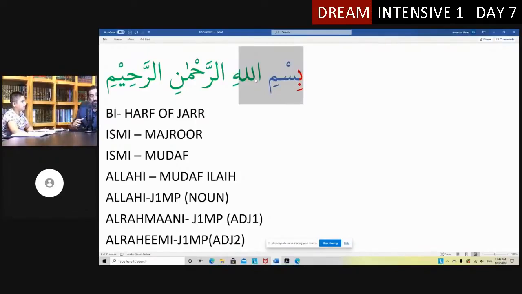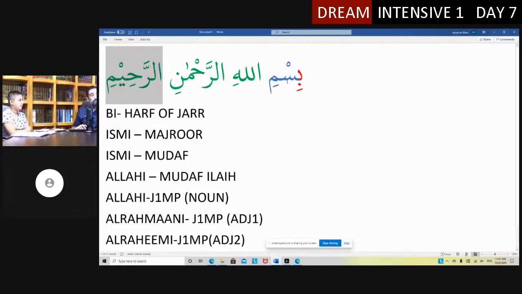Now, some of you might have a question: where did the word the come from? Just know one thing for now. The word the is normally used in English for a mudaf, even though you don't see al here in Arabic. Ar-Rahman means the extremely loving and caring, and Ar-Rahim means the always loving and caring.